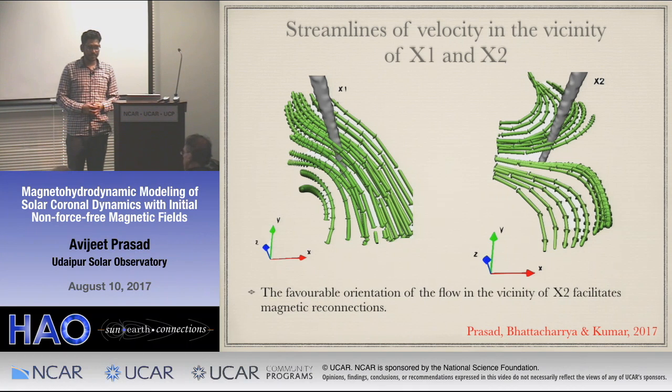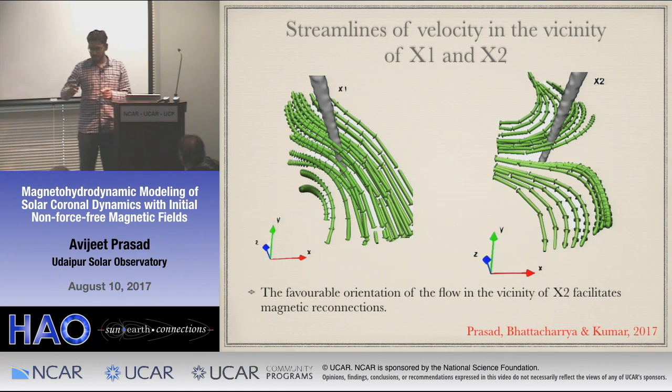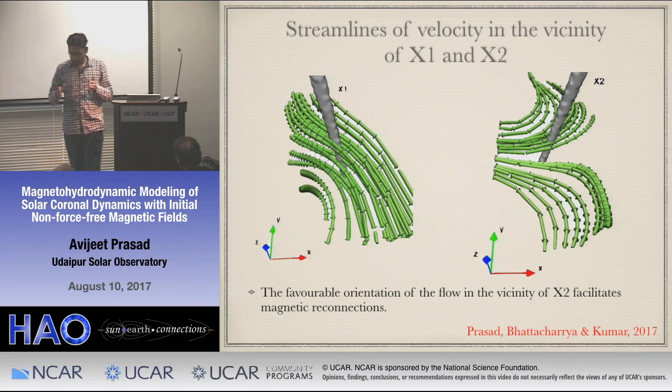You chose to express your non-force-free magnetic fields in terms of the superposition of two force-free, constant alpha, linear force-free fields. Well, this is a particular restriction, I suppose. You can take many different such fields, right? Or is it sufficient to take these two? So it depends on the boundary conditions.